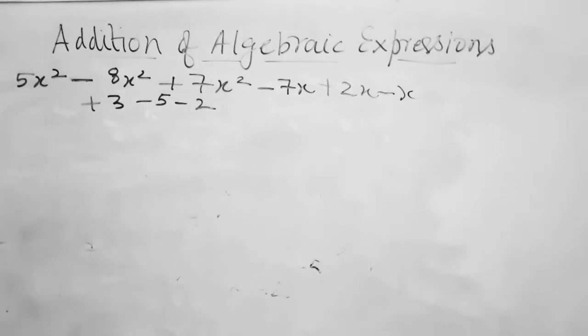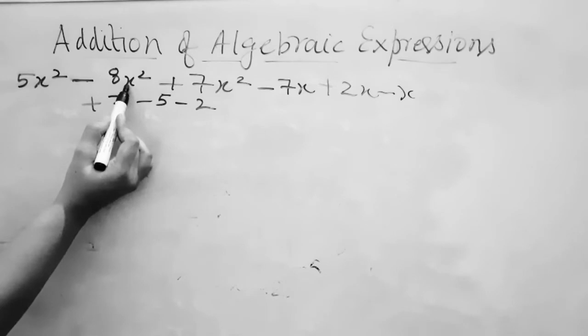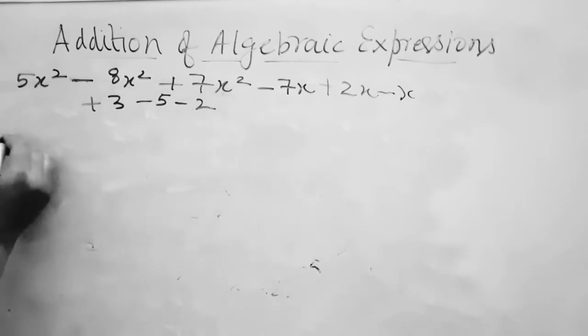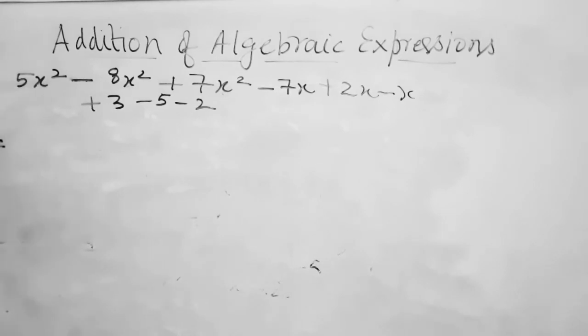Okay students, since this term has x square, this also has x square, and this term also has x square, we can take x square common. Either you can take x square common or you can solve directly as per the BODMAS rule. As per the BODMAS rule, addition is done first.